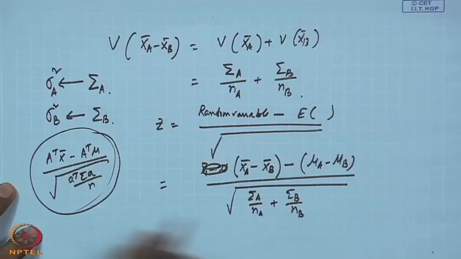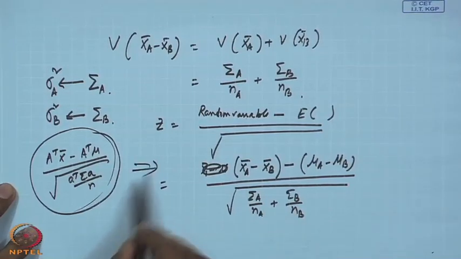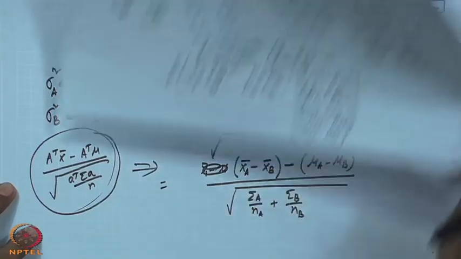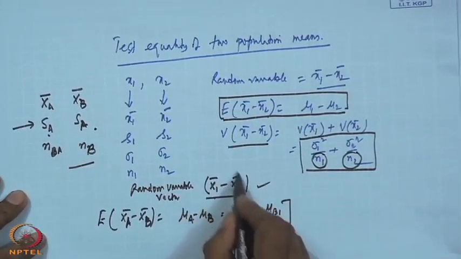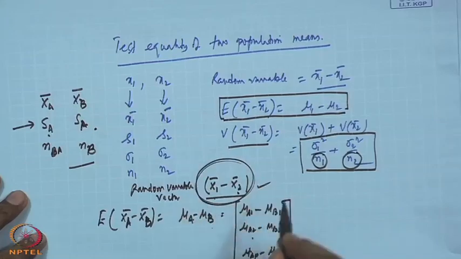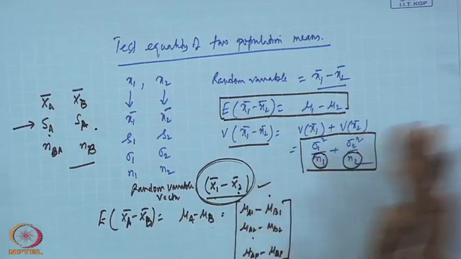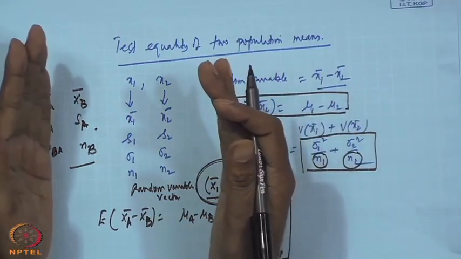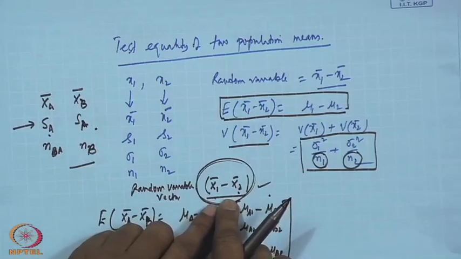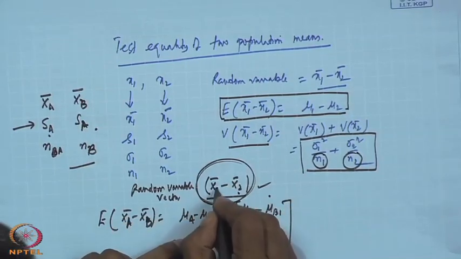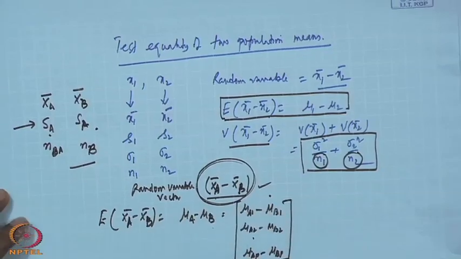That means a similar analog has to be created for the difference also. Please remember, here is one random variable vector, that is x1 bar minus x2 bar. Although you are taking samples from two populations, finally you are creating one random variable vector from x a bar and x b bar. Okay.